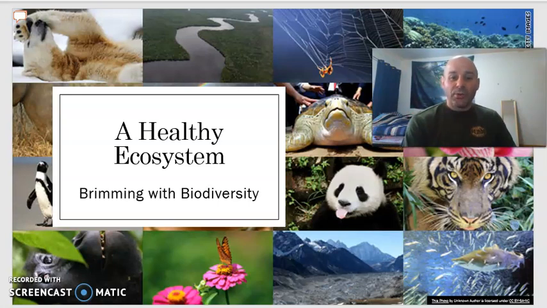If it got a little too cold for that plant to survive, then all the plants would die, and therefore that animal that depends on that plant for food would also die, and so on up the food chain. But if there's a wide variety of living things in an area, there's always going to be some living things that are better able to adapt or respond to those changes, keeping that ecosystem healthy and thriving.